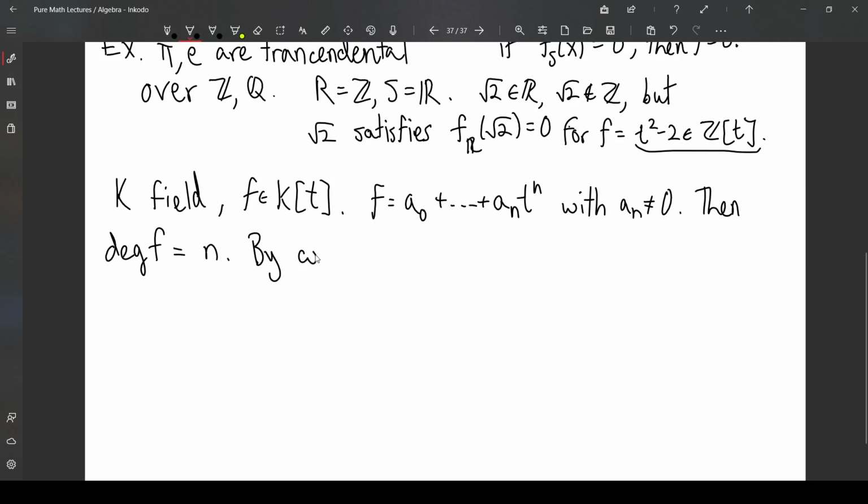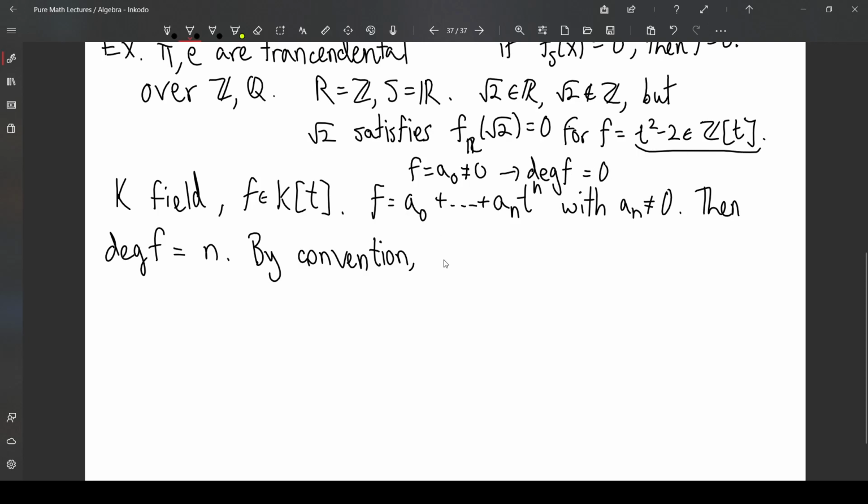By convention, if f is just equal to a_0, which is a constant but non-zero, then a_0 is the biggest non-zero coefficient, so we would say the degree there is 0.